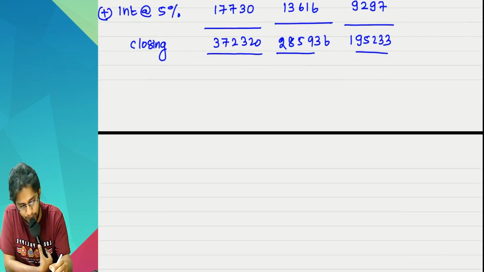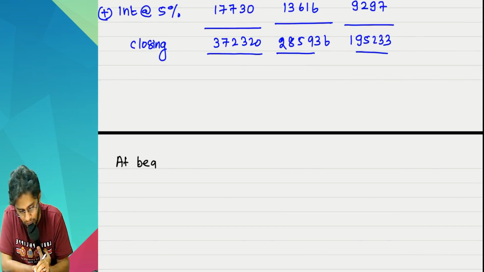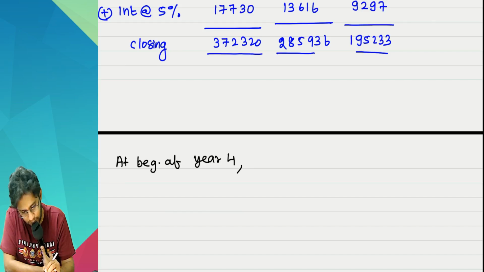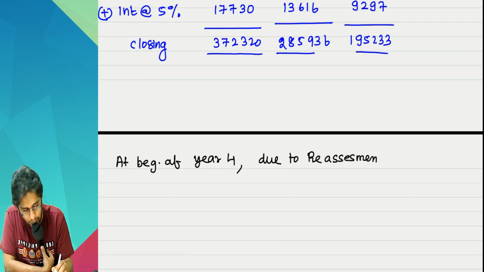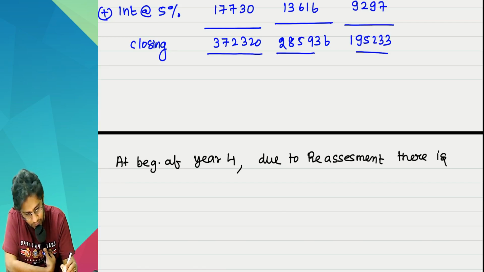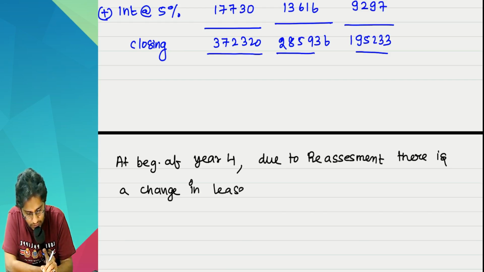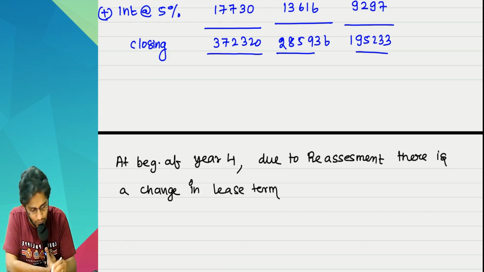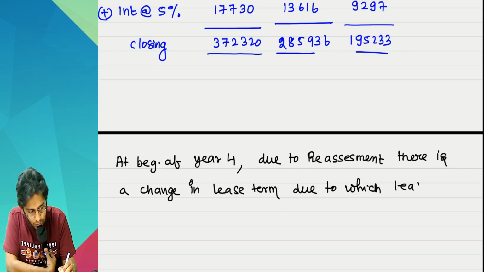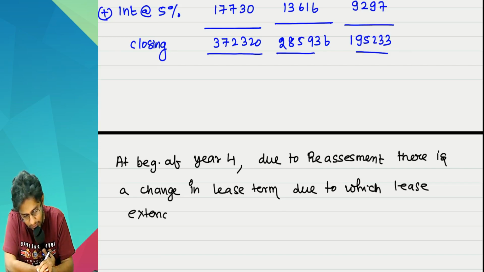Okay, now at the beginning of year 4, due to reassessment, there is a change in lease term, due to which the lease extends by another 3 years.